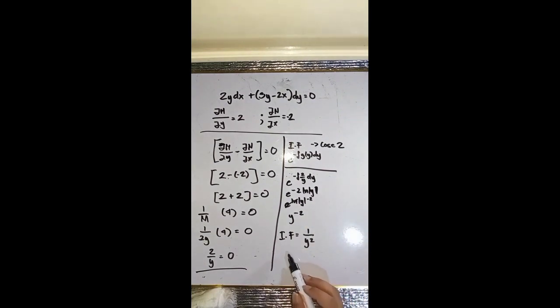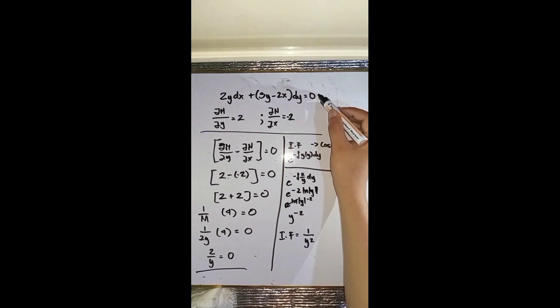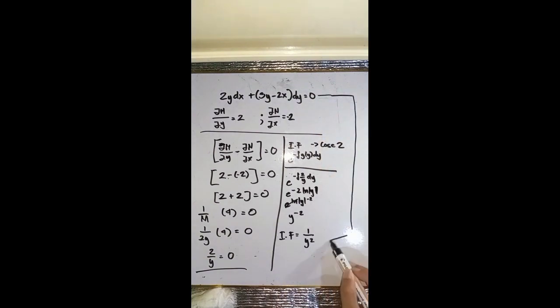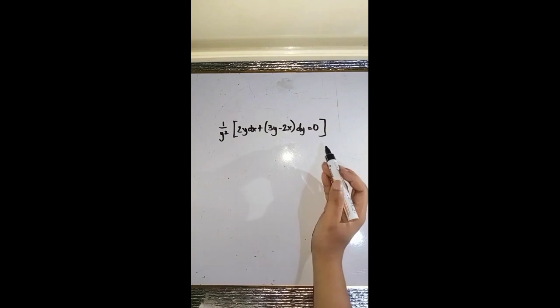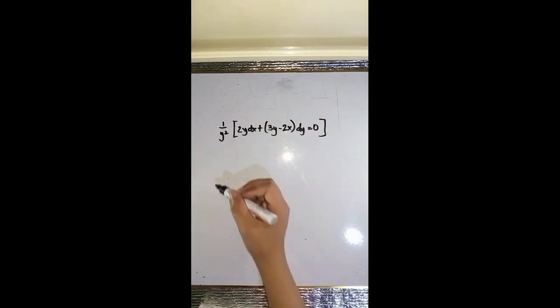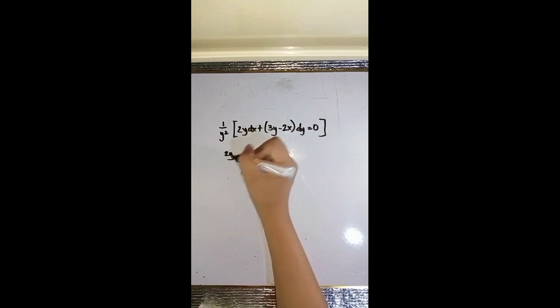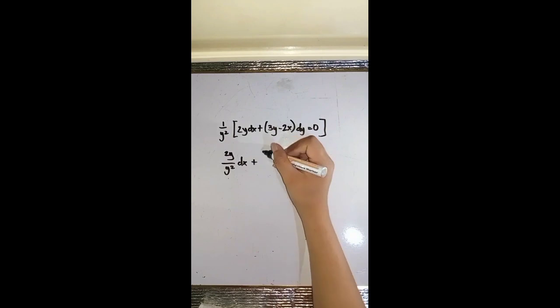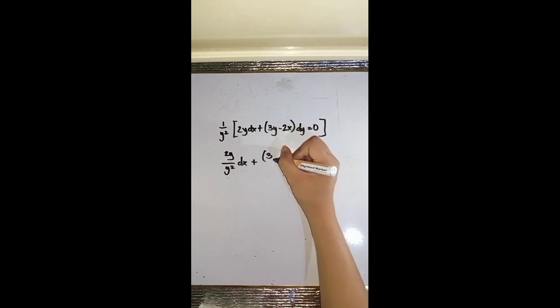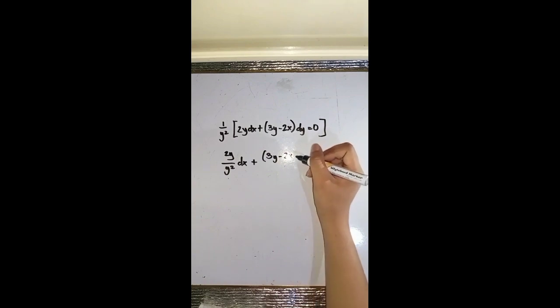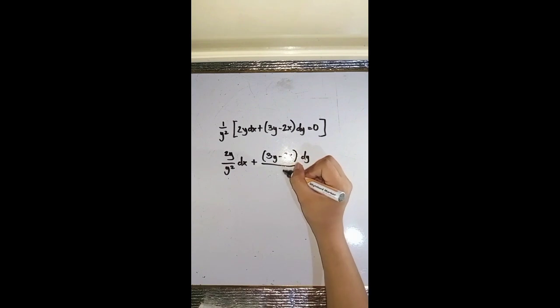Using our integrating factor, we're going to multiply it to our original equation in order to get a new equation that is exact. So 1 over y squared multiplied to 2y dx plus 3y minus 2x dy equals 0 will result in 2y over y squared dx plus (3y minus 2x) over y squared dy equals 0.